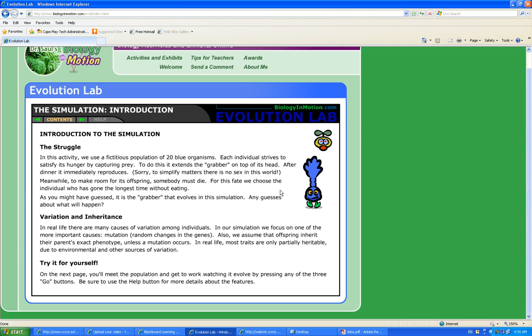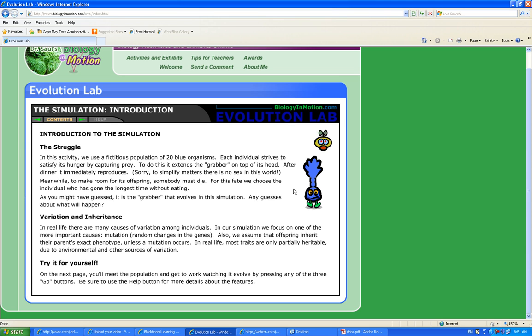Because what happens is you will have an organism that dies and then an organism that reproduces to fill that empty space. The organisms that have not eaten are the ones that have potential to die. The ones that are eating the most and are the healthiest are going to be the ones that have the best potential to reproduce.